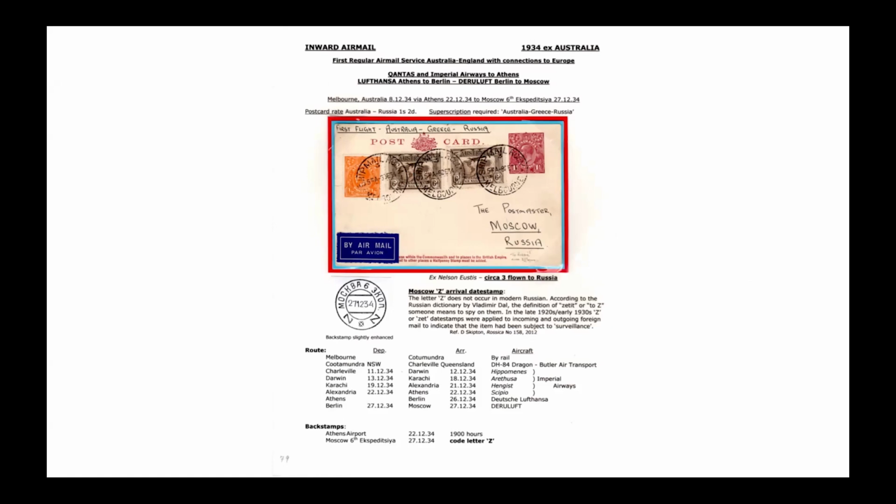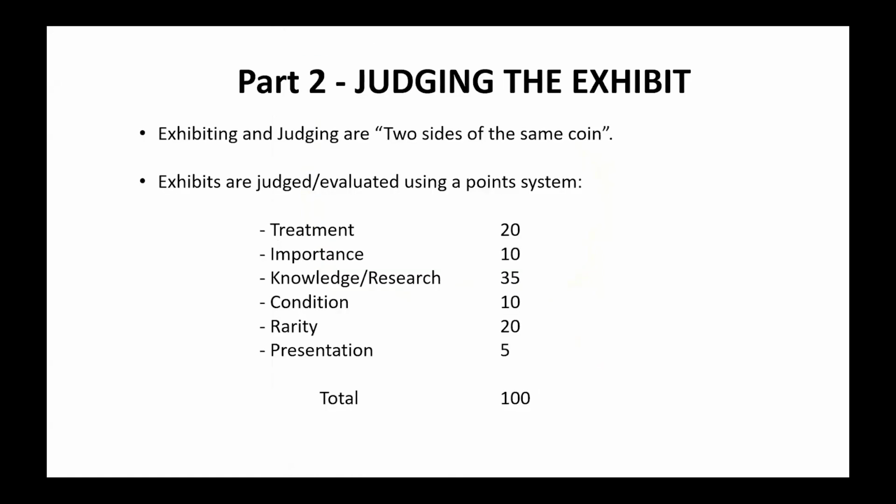There's a discussion on the postmarks. Then the route's been defined from Melbourne to Cootamundra, etc. So all the research and everything has been put on that page. So that's the type of information you need to put for a special item. Don't put a special item and you've got very little to say about it. Then we're not too sure why it's so special. So we're going to judge it.